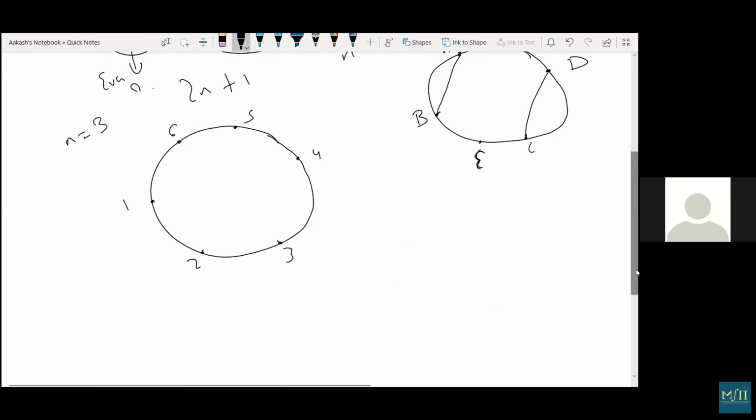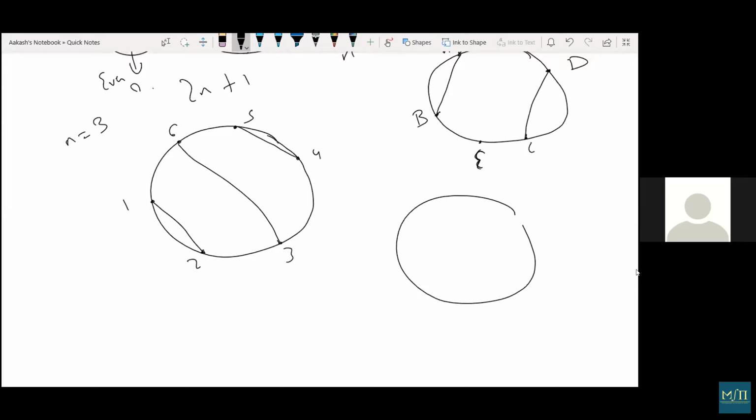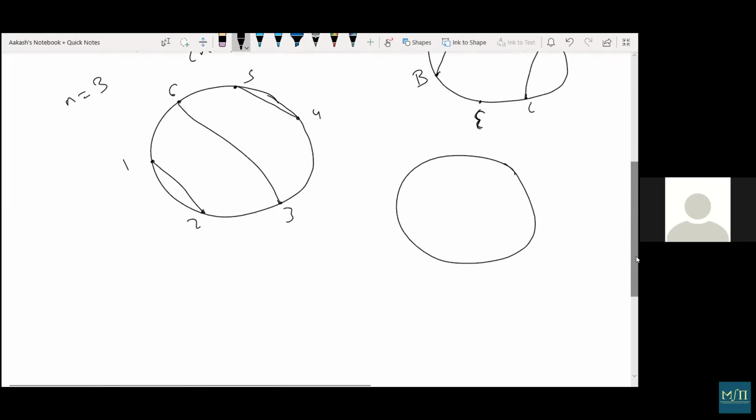I want them to make pairs of handshakes such that their hands won't cross each other. So one way I can do is 1, 2, and so on, and also I can do 1, 4, 2, 3.